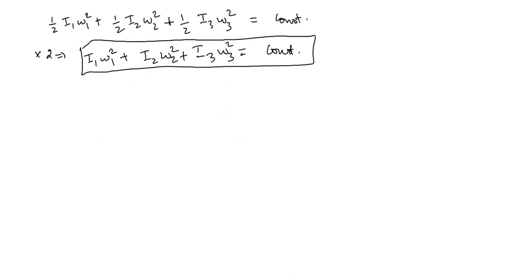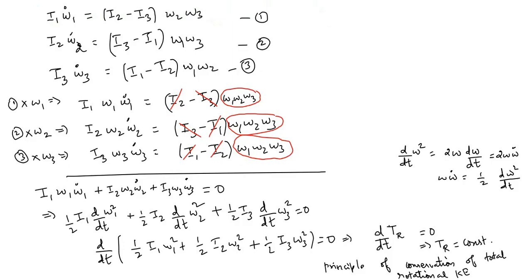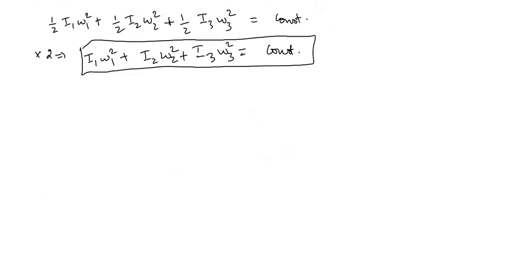So if you see the answer, this part, that is answer B or answer C, can be correct. So we have to calculate another constant of motion from this. The given thing is the torque free motion.